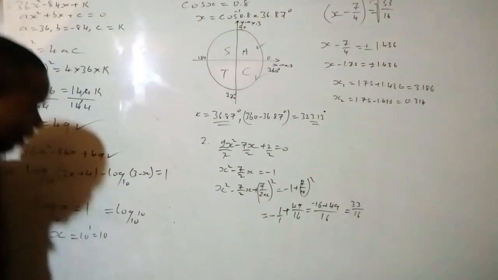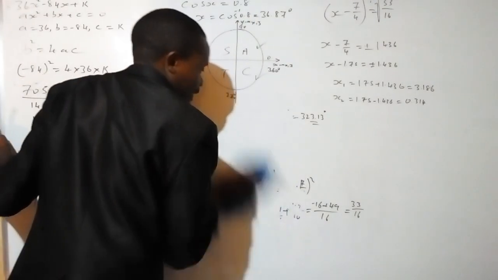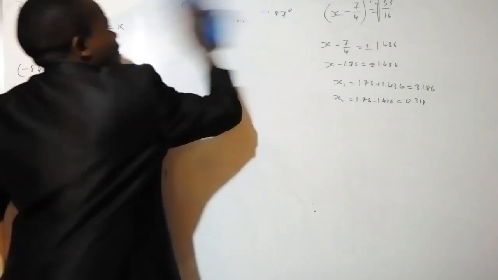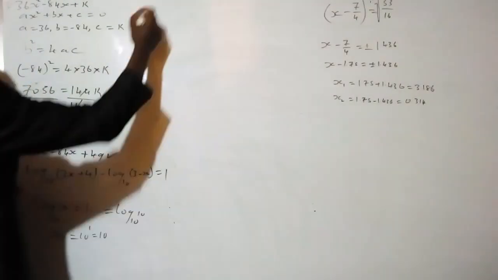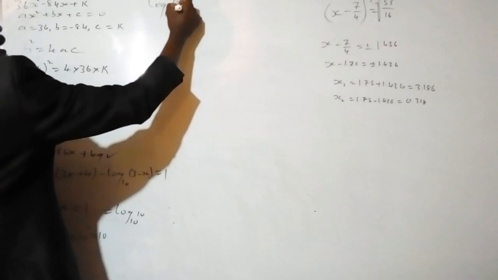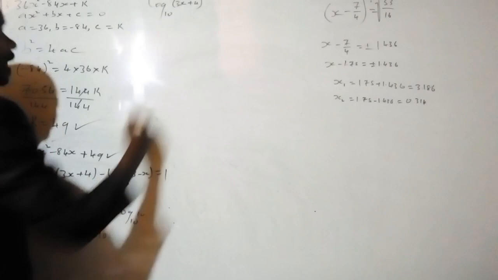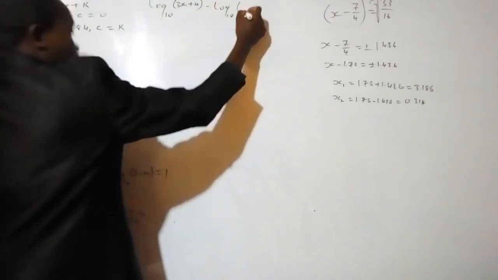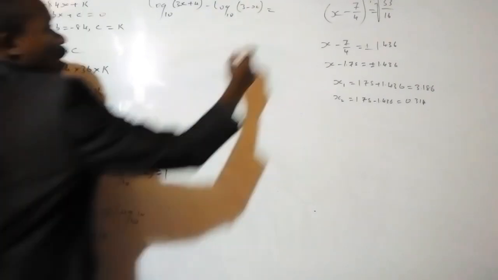Allow me to move up here so that you can get enough space. Now you can proceed. Log base 10 of (3x plus 4) minus log base 10 of (3 minus x) equals log base 10 of 10.